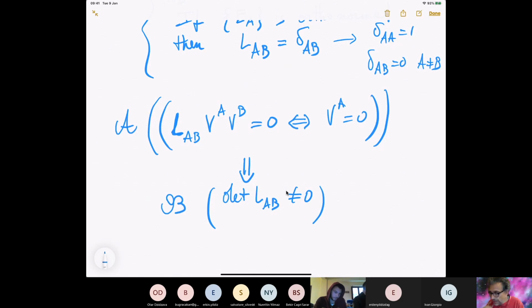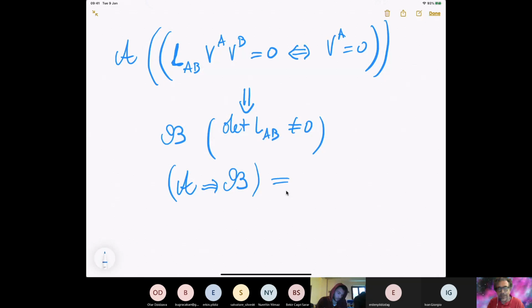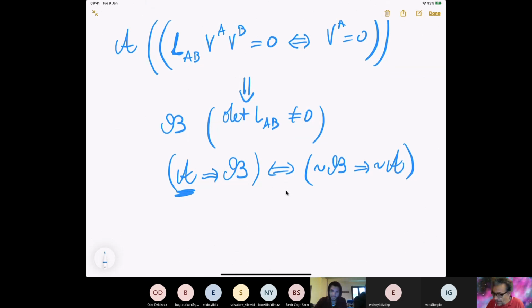I hope that you are familiar with the basics of logic. So I have that the property A implies the property B. Now I hope that you know that this is equivalent to the negation of B implies the negation of A. So I want to prove that when A is true, then B must be true.